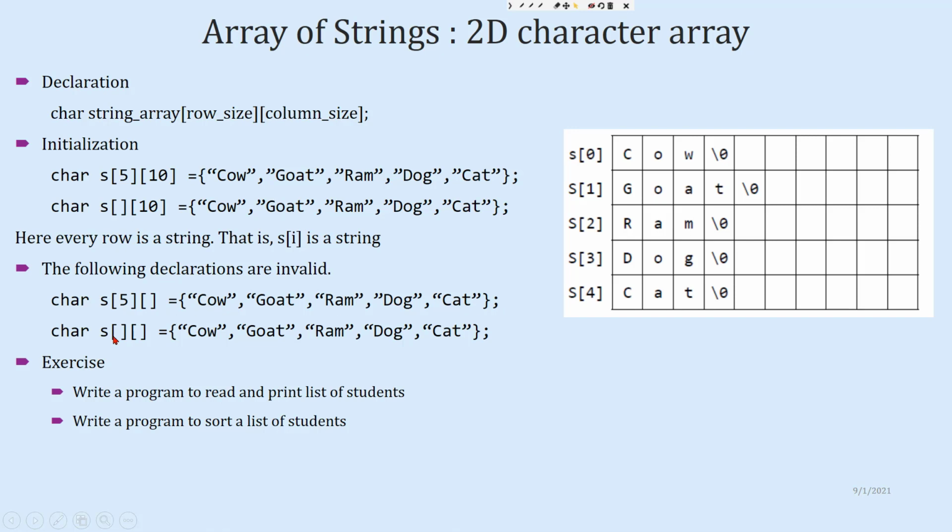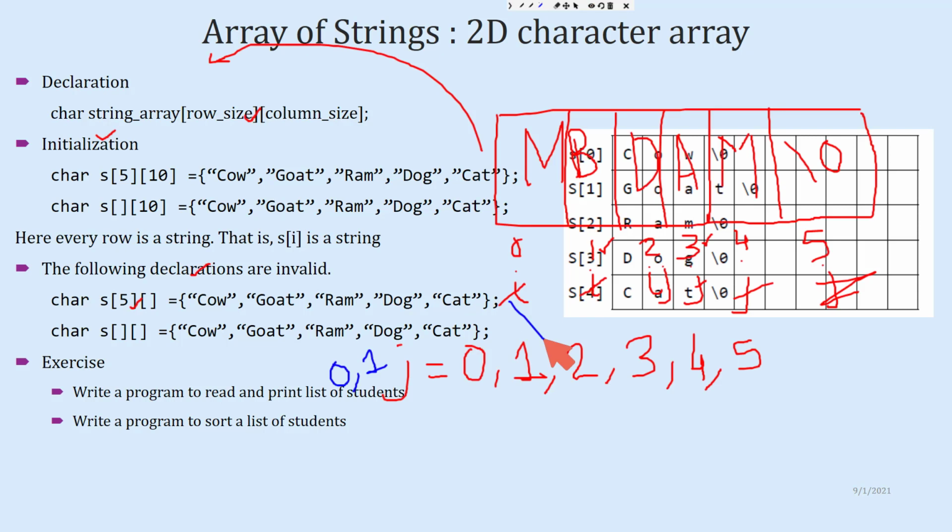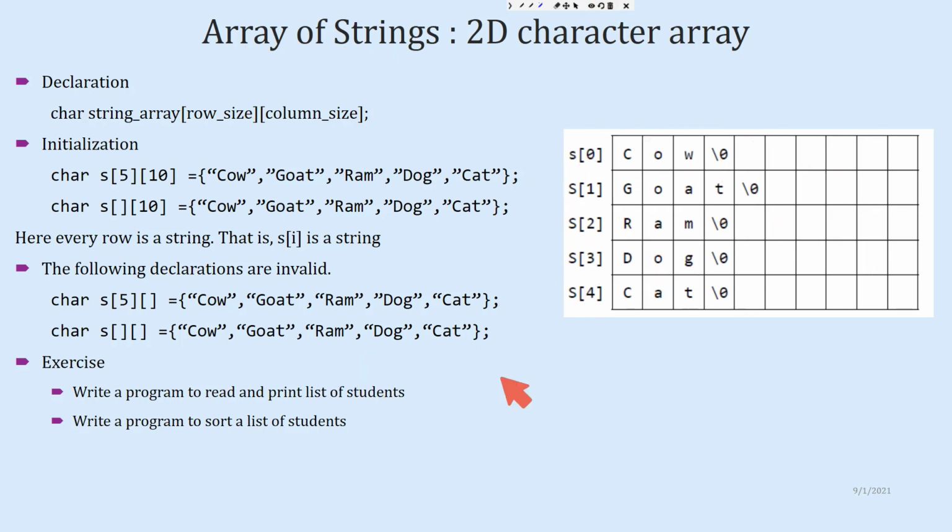Similarly, if I don't specify either the number of columns or number of rows, and I try to initialize the 2D character array, it is also invalid. These two are wrong. So you have to do two exercises. Write a program to read and print a list of students.